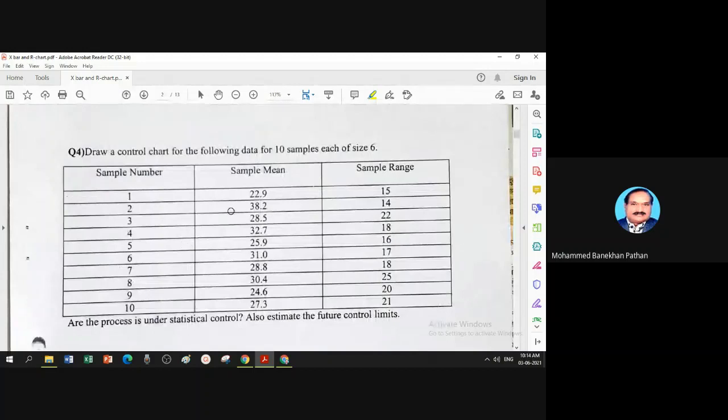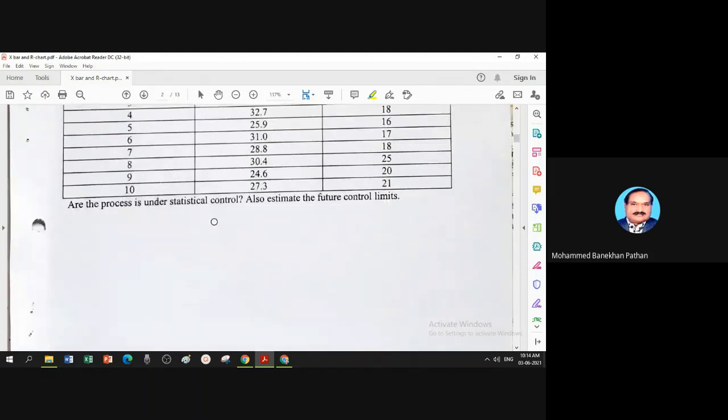Question number 4, sample mean given, sample range given, but standards are not given. So this falls under the construction of control chart when constants mu and sigma are unknown. So question number 4 is different from 1, 2, 3. Let us proceed.